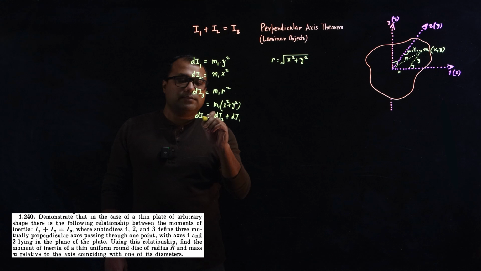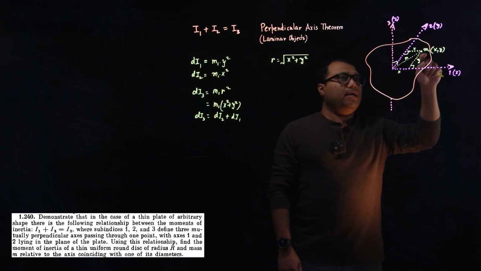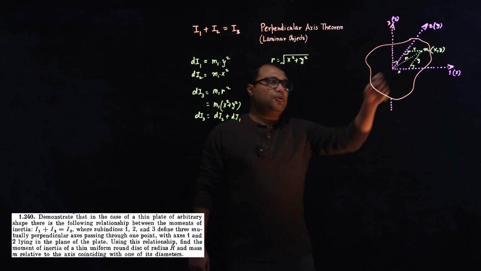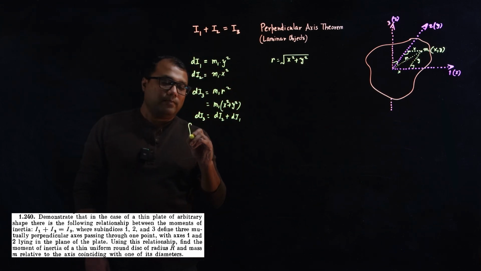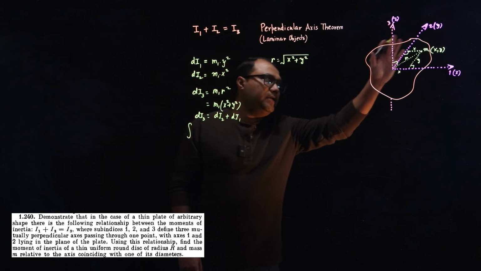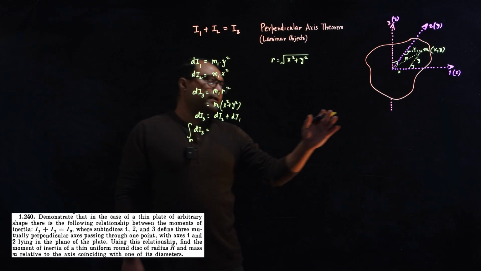So we got this. Now this is only for one point mass which had coordinate x, y. So to get the moment of inertia of the entire body, I would integrate over the entire mass.